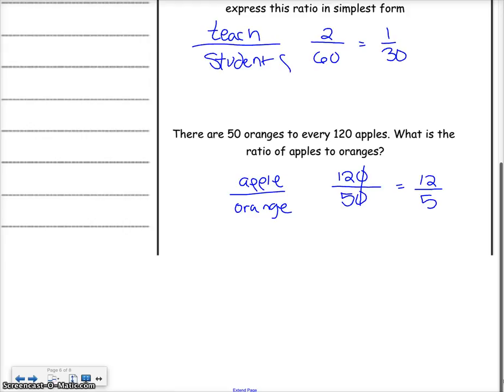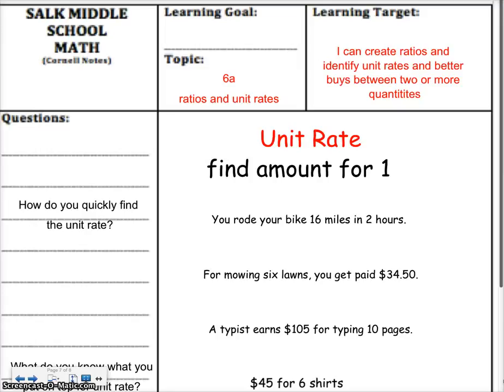Okay, so now that we can create ratios, we want to work on identifying unit rates. Remember, we defined unit rate as the amount for one. I do need you to know this is huge all throughout this whole unit.